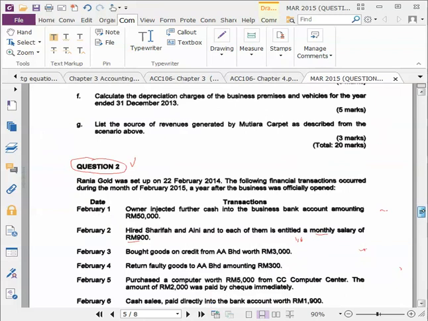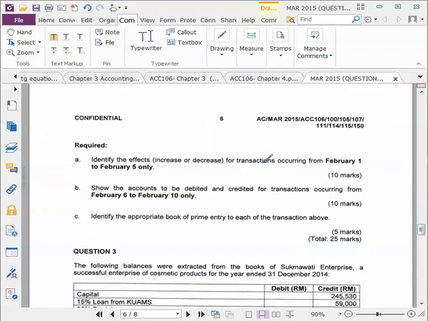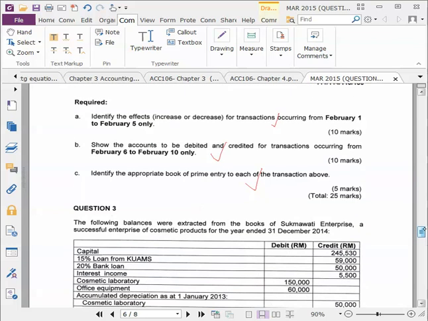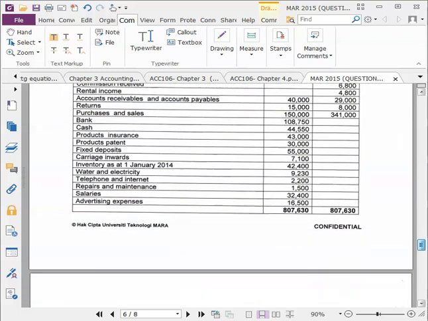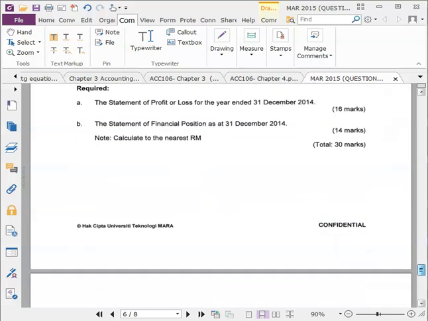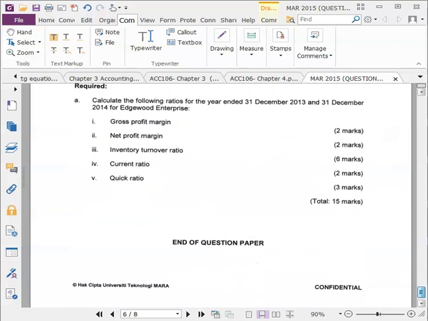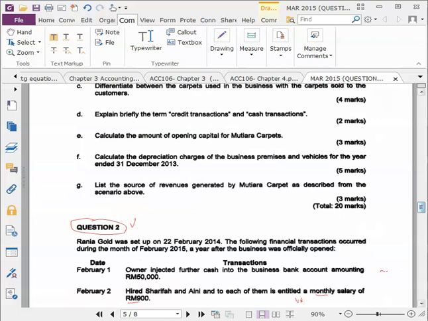Question number 2 has increase, decrease, then debit, credit, and book of original entry. So do parts A, B, C. Do that first. Okay, March 2015, question number 2, A, B, C. Please do that together with the tutorial I gave earlier.